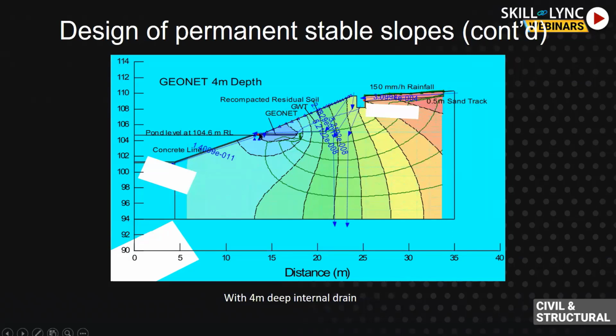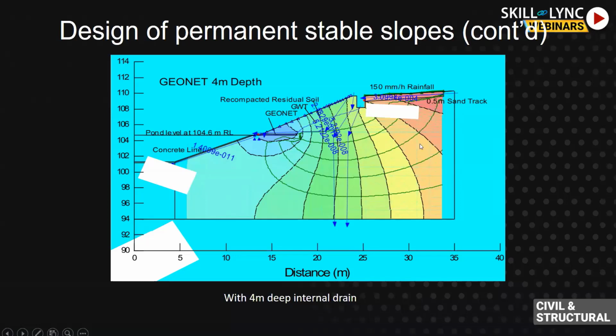This was installed at this location, and this length is 4 meters. You can see that the flow net direction also changed so that most of the water is flowing to the subsoil pipe. If you look at it, the amount of water flowing onto the surface has reduced slightly.